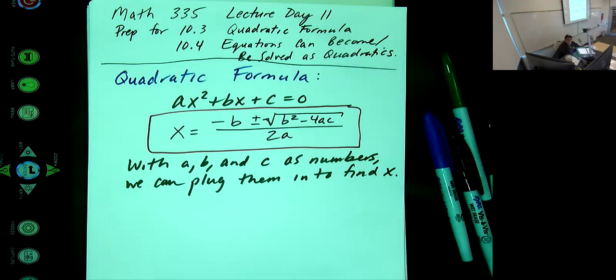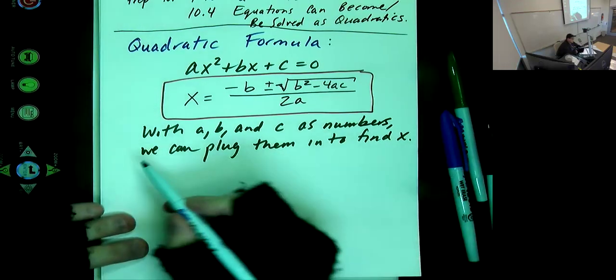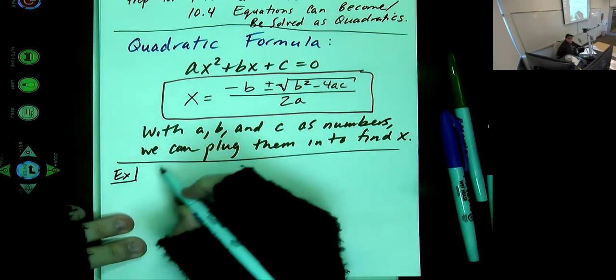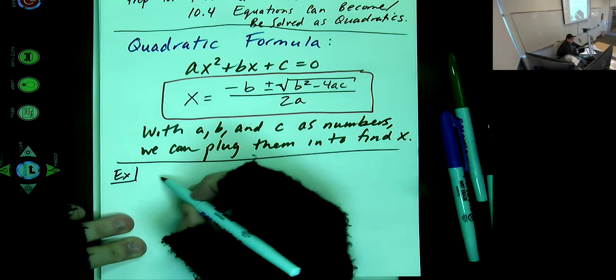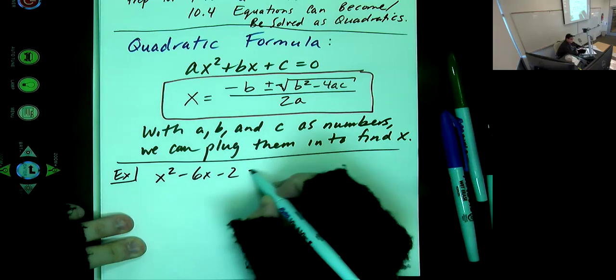Grab some examples from over here. All right, first example we'll do: x squared minus 6x minus 2 equals 0.